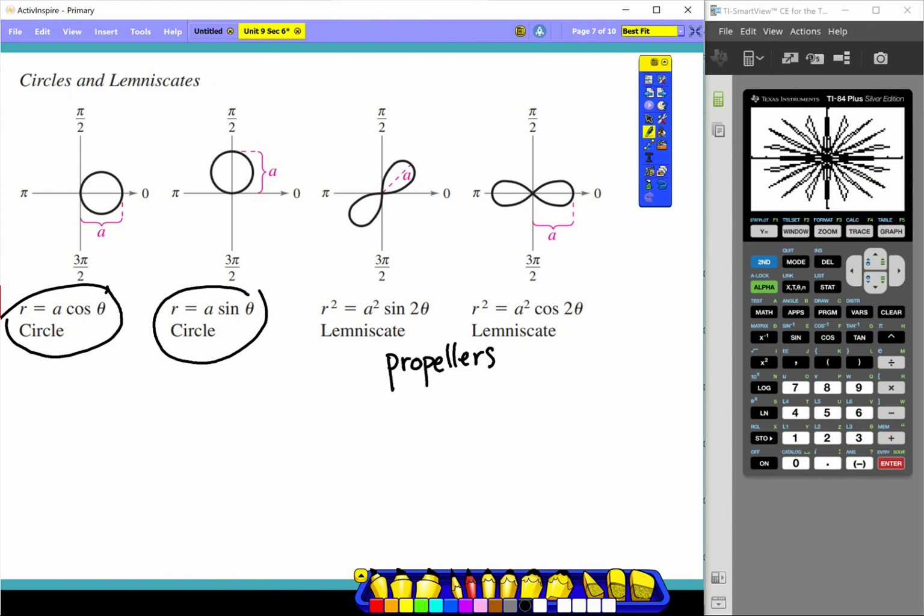See how they look like propellers, like on an airplane, around and around and around? So it's going to be at an angle when it's sine, and it's going to be along the polar axis when it is a cosine. And these are some pretty interesting graphs.